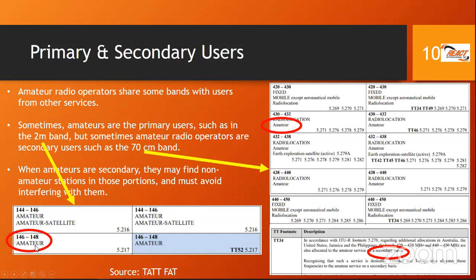Amateurs are secondary. But notice for the 2 meter band, 144 to 148, amateur is uppercase. That means amateurs are primary. So the last note here is if you are secondary, you may find non-amateur stations in those portions of the band. There may be commercial traffic, and you must avoid interfering with them because they are primary and you are secondary.